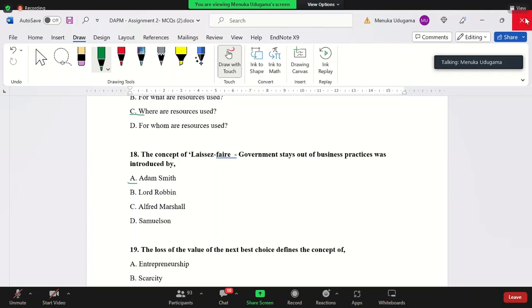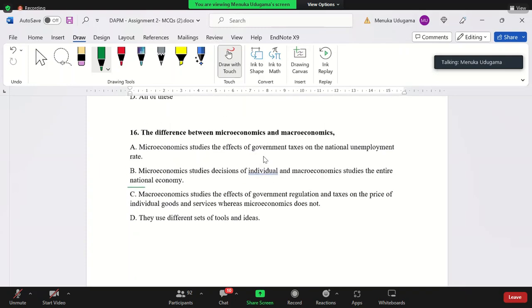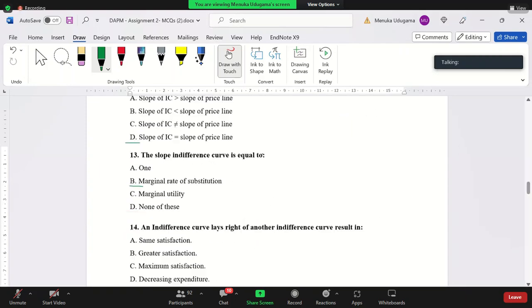So you might not get a lot of questions on utility and demand, but you will get questions on demand curve shifts, supply curve, production function. For example, you might get a question like this one here.